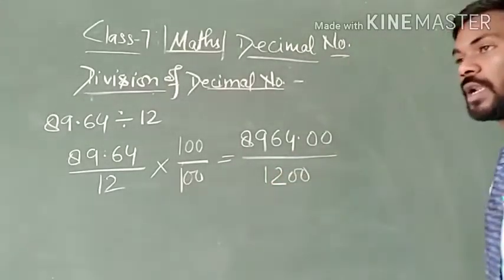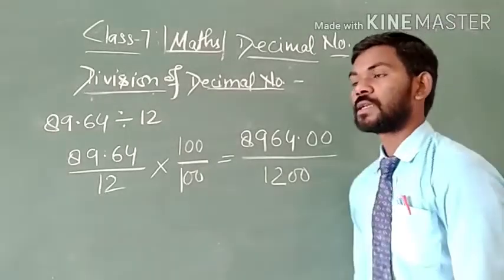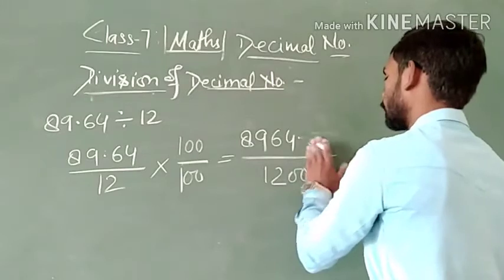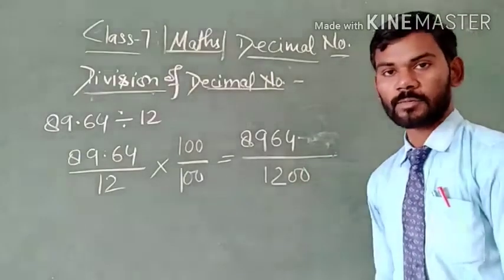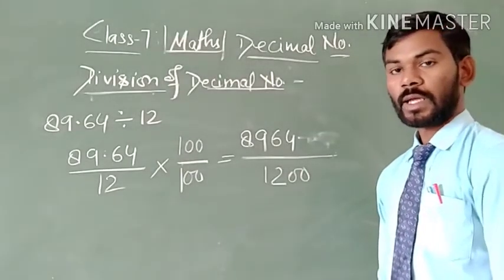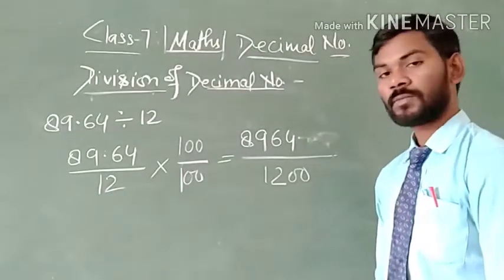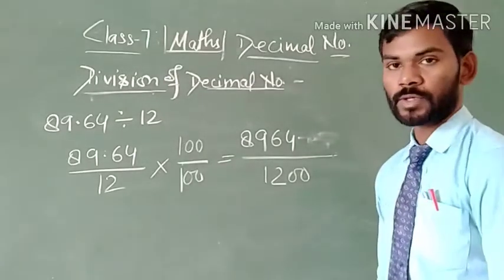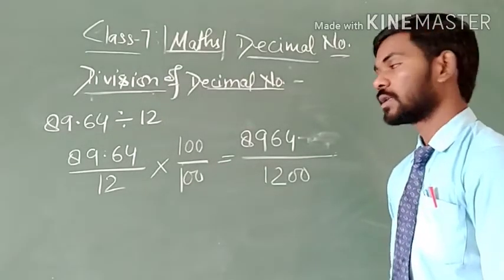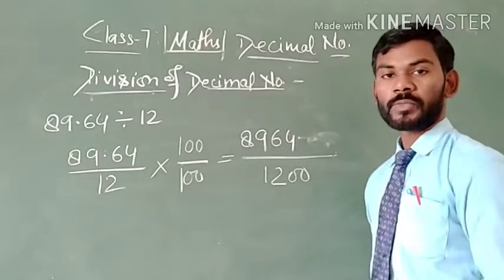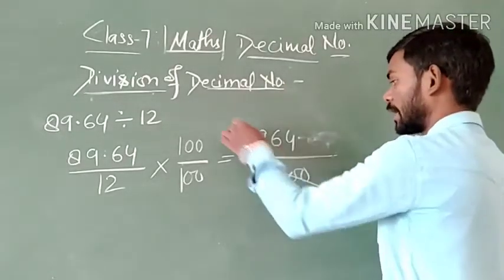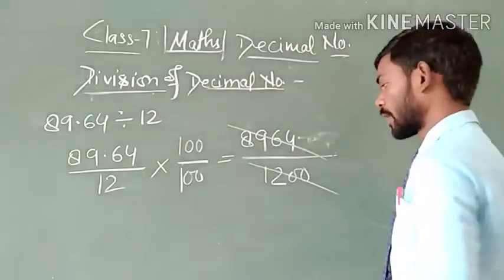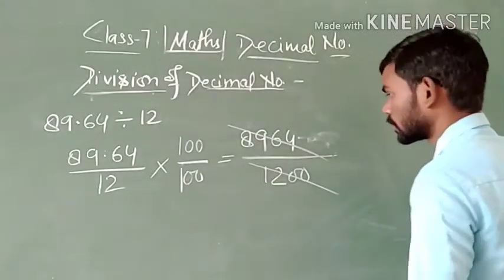Since the value of 0 on the right side of the decimal is nothing, therefore we need not write this decimal number. And now we can see that the decimal is removed, and now we shall solve it. Okay, you can use your shortcut method by just cutting like this, or you can divide directly. Okay, so I would like to use this method.